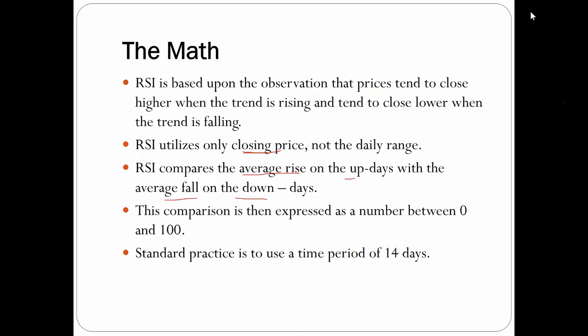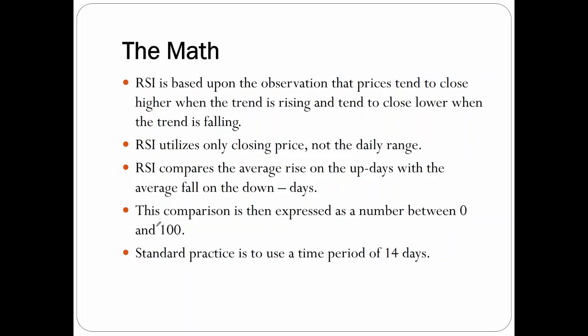Suppose today the close is 20, next day the close is 30. So 10 points is the close difference above. Next day the close is 45. So it is 15 points. So it will compare the average of these rise up days. Similarly, on the down days, it will compare the average of the down days.